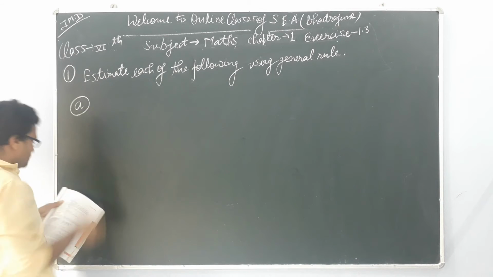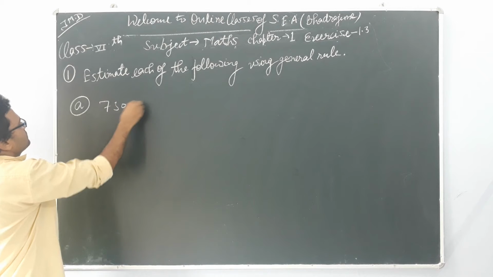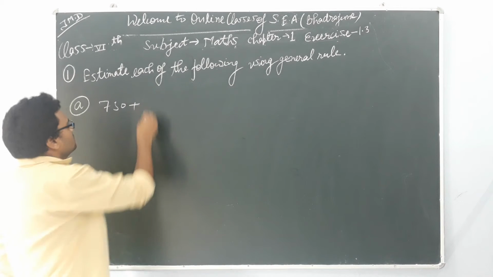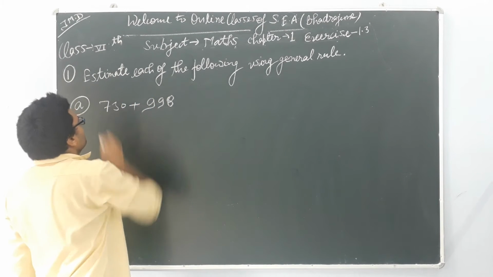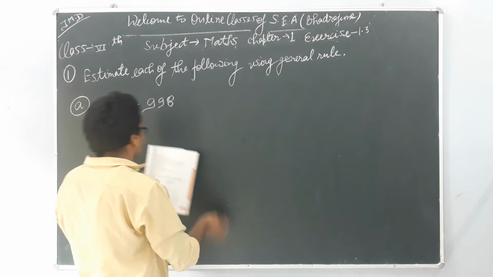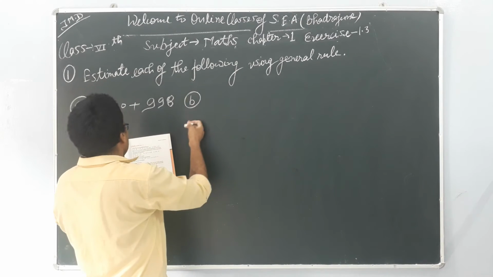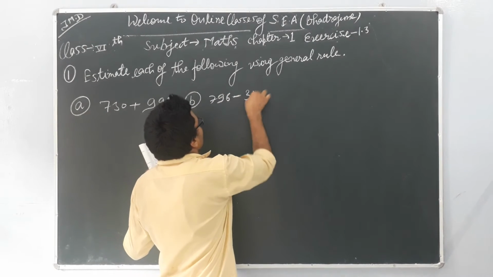Part A is 730 plus 998. Here we are seeing the sum. Second one, part B is 796 minus 314.